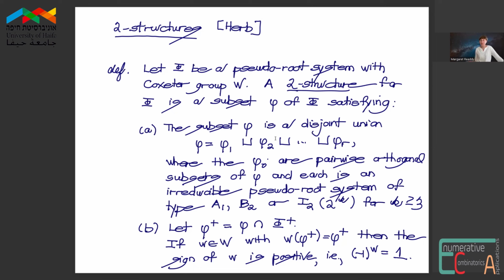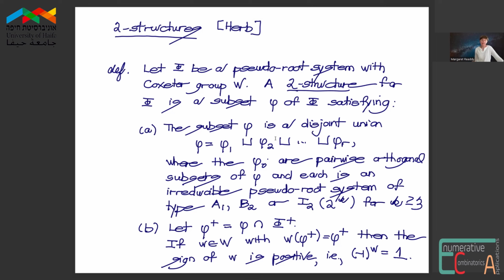The first thing it has to satisfy is that it is a disjoint union of pairwise orthogonal subsets of little phi, and each is of the following type. There are three different types for two structures: type A1, type B2, or I2 of 2 to the K, the symmetries of a 2 to the K-gon, and here K has to be at least 3.